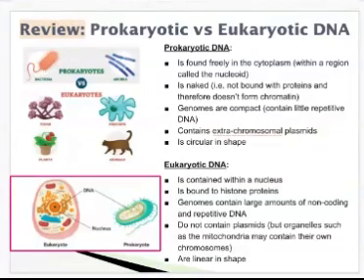Eukaryotic DNA is contained within a nucleus. So that is one of the main differences between the DNA of the prokaryotes versus eukaryotes. We have a nucleus where our DNA is bound, and a prokaryotic organism does not. Our eukaryotic DNA is bound to histone proteins. We have a large amount of non-coding and repetitive DNA, and they are linear in shape.